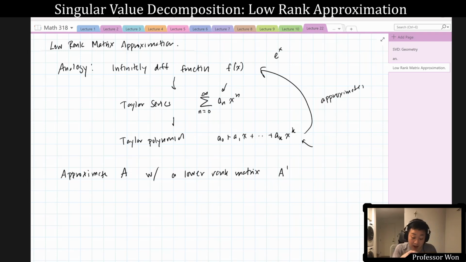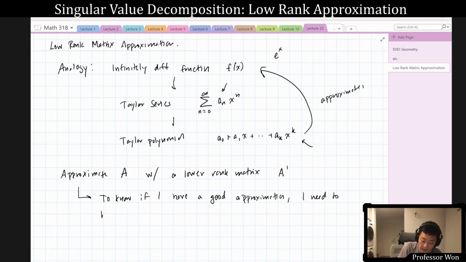But if I want to know how well a matrix is approximated by another matrix, I need some notion of how far away two matrices are from one another. To know whether or not I have a good approximation, I need to know how far apart A and A prime are.